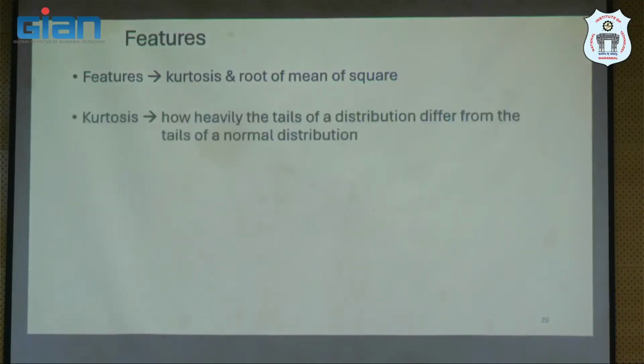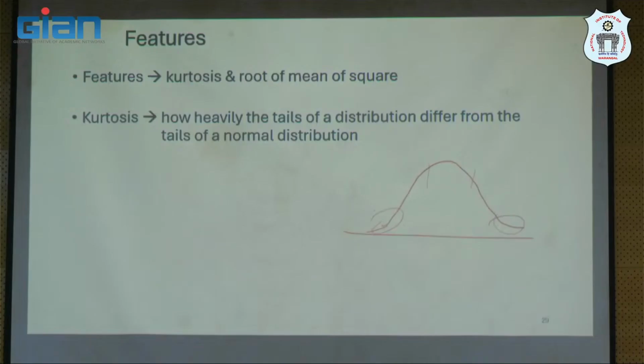But kurtosis, so what is kurtosis? If you have normally distributed data, a bell-shaped curve, you know how many will be in the tail end compared to the midpoints or the mean. Compared to a normal distribution, how does your data's distribution look in the tailing portion of the data set?